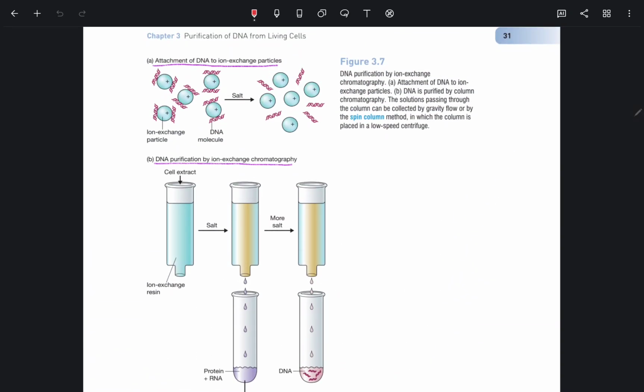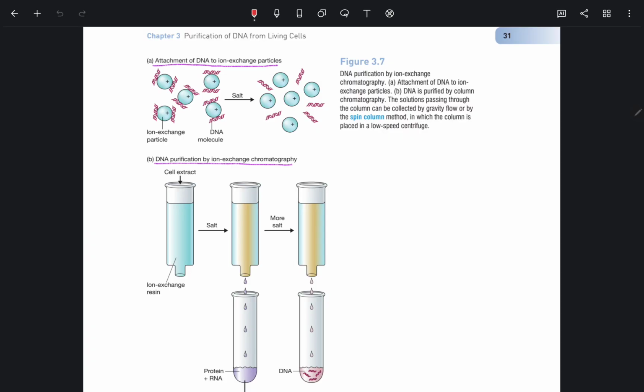So this structure showing attachment of DNA to ion exchange particles, and the second one is DNA purification by ion exchange chromatography. In the first picture, it's showing ion exchange particles and DNA molecules giving rise to salt.